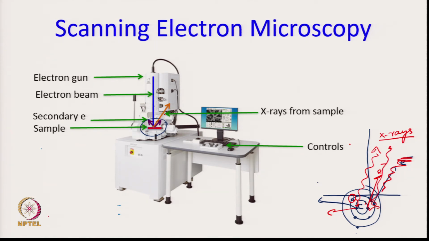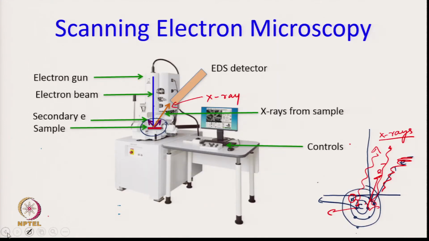Now, this is the X-ray signal coming from the sample, and I can detect this X-ray using an EDS detector. I can just attach an EDS detector and these X-rays will get detected by it.